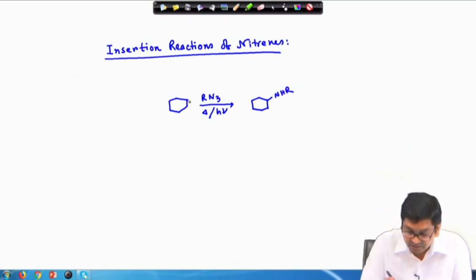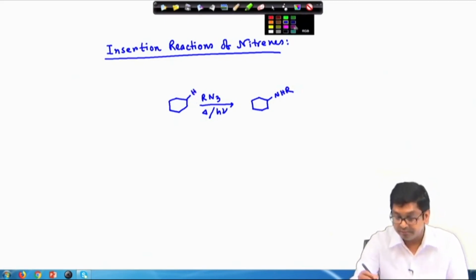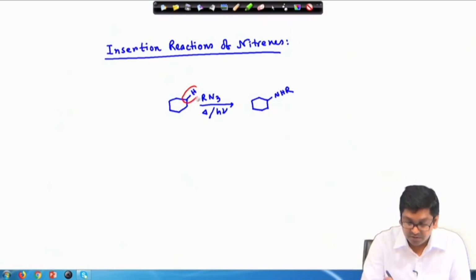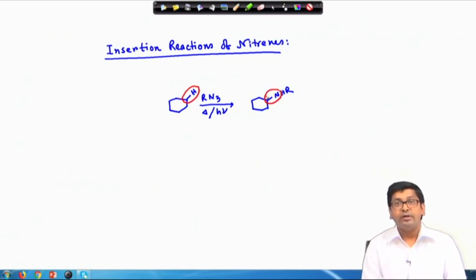If you see here, in this carbon hydrogen bond, this carbon nitrogen bond has formed. So, basically it got inserted into that.